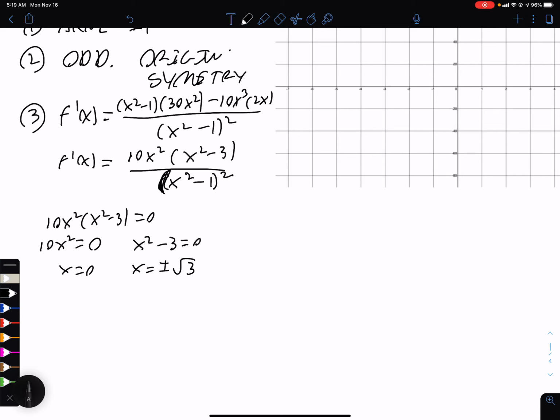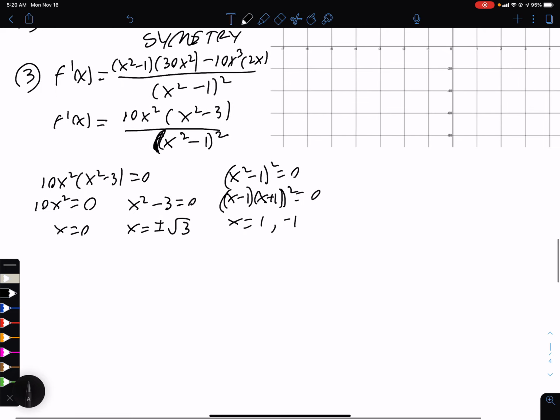So we are going to set the denominator equal to 0. Well, this is going to be x minus 1, x plus 1 squared equals 0. So you can get 1 and negative 1. So we have a lot of points we're looking at, quite a few interesting points that we need to look at there.